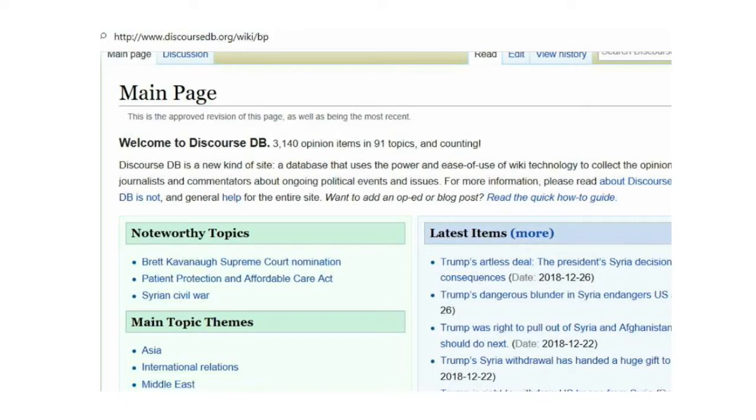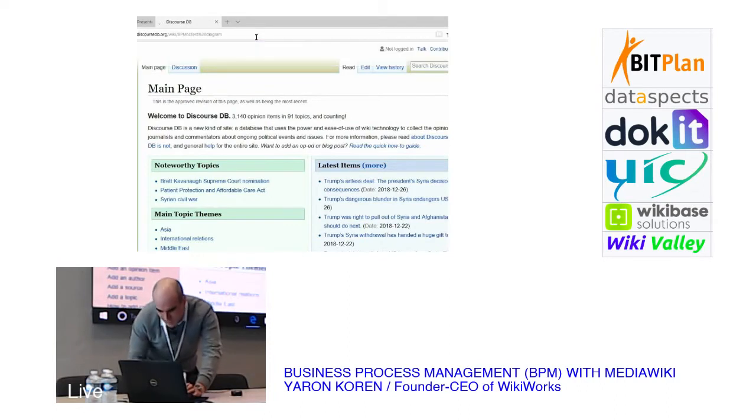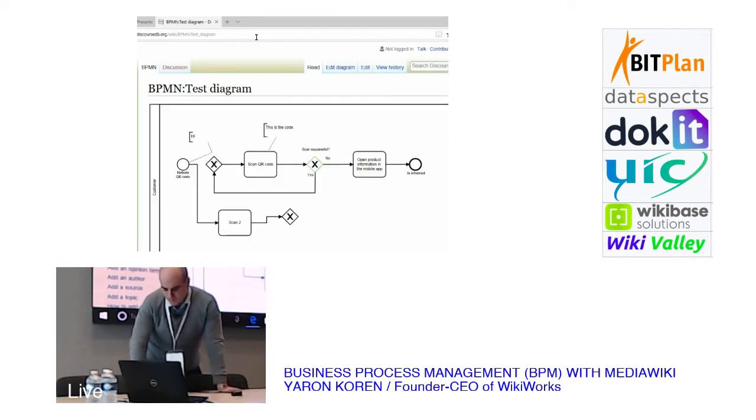Okay. Oh, that was just my error. Oh no, that wasn't my error. That was because the M was in a different place. Okay. So this is just a random diagram.